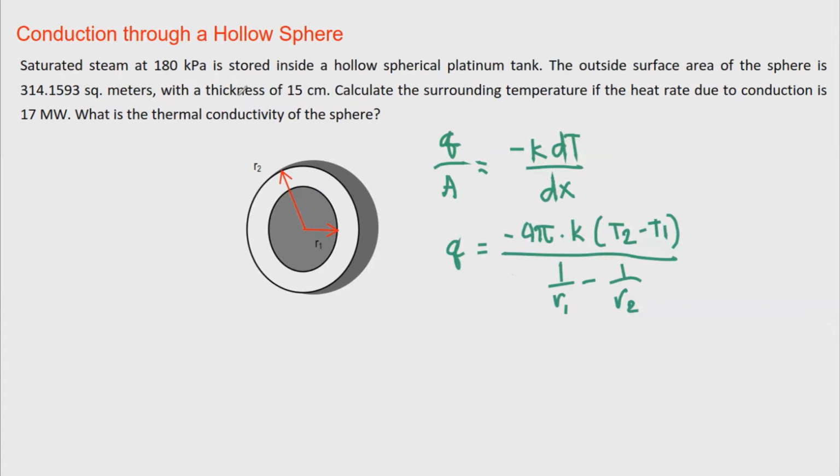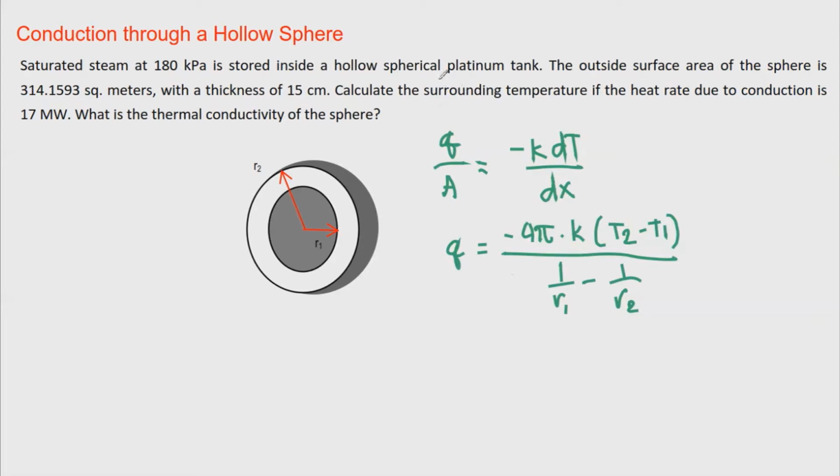But sad to say, there is actually no given temperature here, because what is given is the saturated steam pressure, and there's nothing else. Technically, we need to find the thermal conductivity first before finding the temperature, but thermal conductivity is dependent on temperature. So how do we solve such a complicated problem?